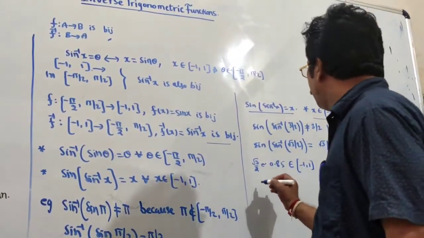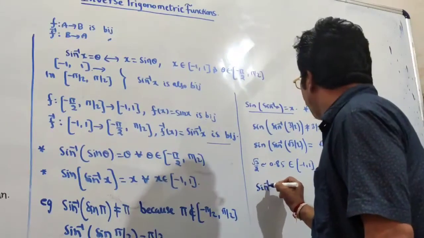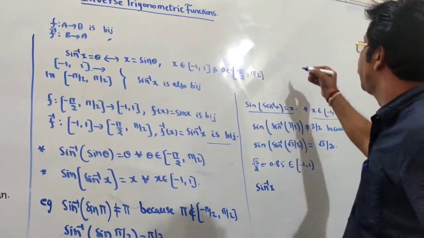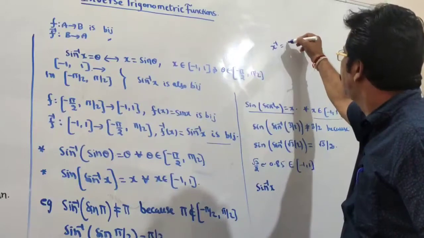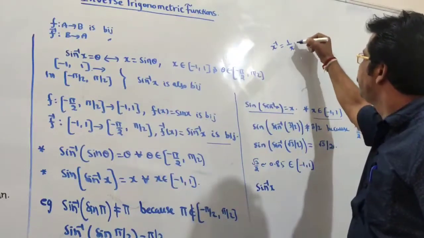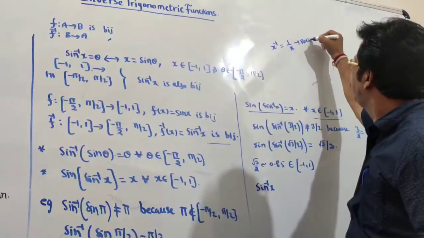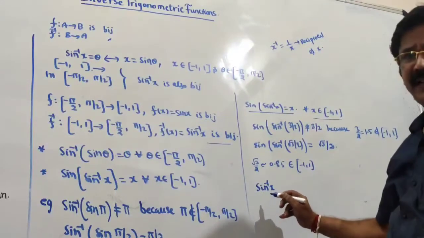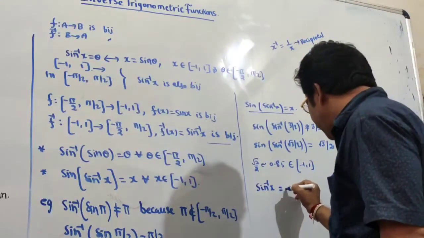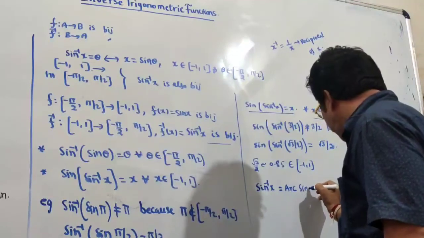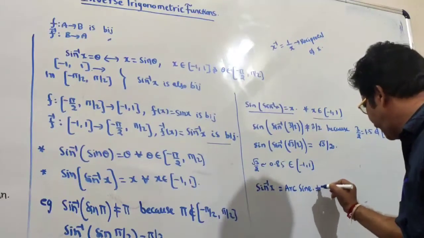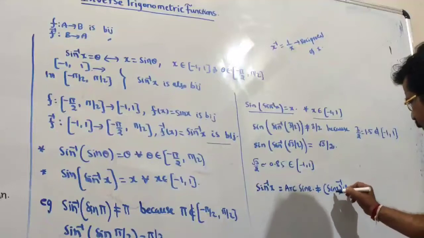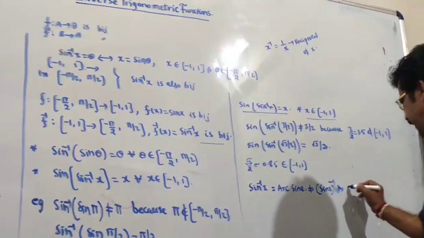Once again, another most important point, sin inverse of x. Actually in the algebra of real numbers, x inverse is equal to 1 divided by x, means it is the reciprocal of x, but it is not in the same sense here. Sin inverse means it is just the arc sine function, but it is not at all equal to sin x whole inverse, or sin x whole inverse means 1 by sin x. 1 by sin x is what?